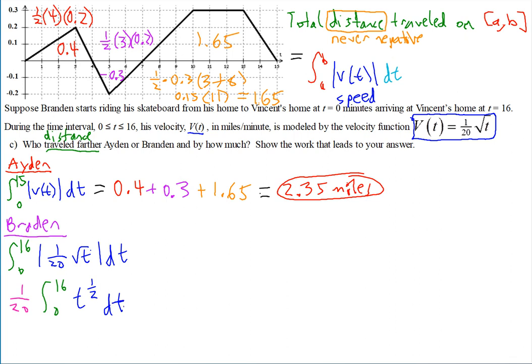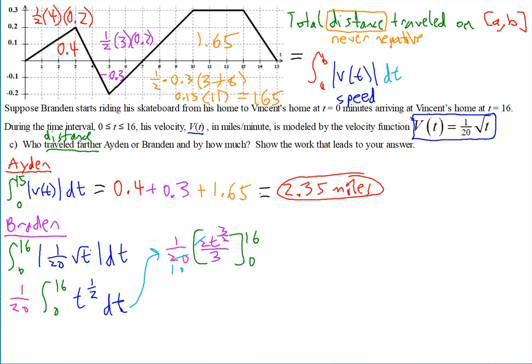And if we move it up here, we've got 1 over 20. And then when you integrate t to the 1/2, you get t to the 3/2 instead of dividing by 3/2, times 2/3. And that's evaluated from 0 to 16. And then you can pull out the 2/3. You can see the 2 goes into the 20 10 times.